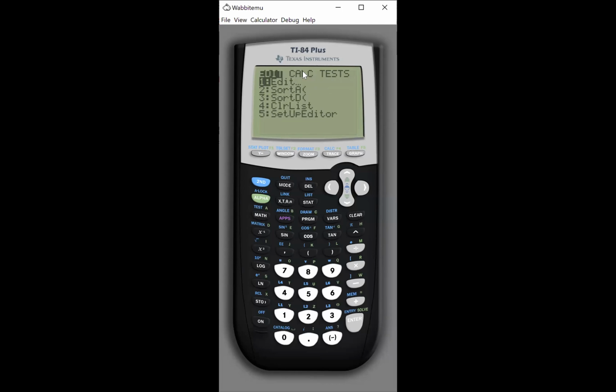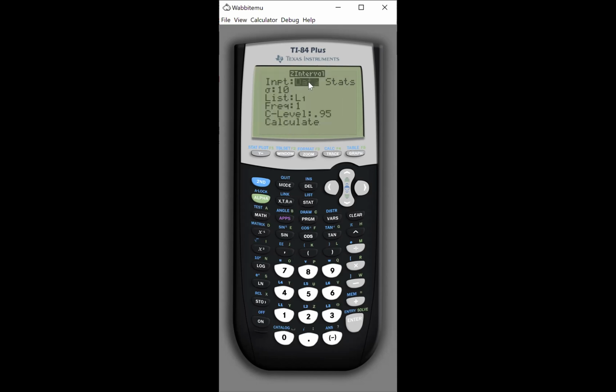Move over to the right 2 times, and you're in test. We're looking for Z interval. If you look all the way down at number 7, it says Z interval. You can either go all the way down and select it, or hit the number 7 and it will select it for you.